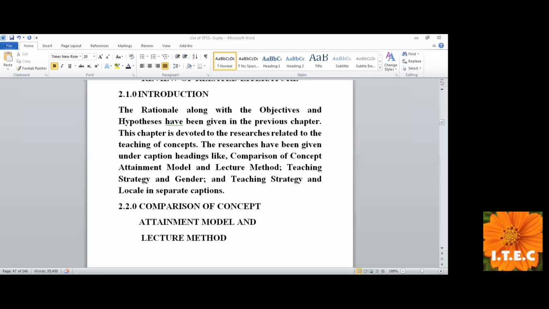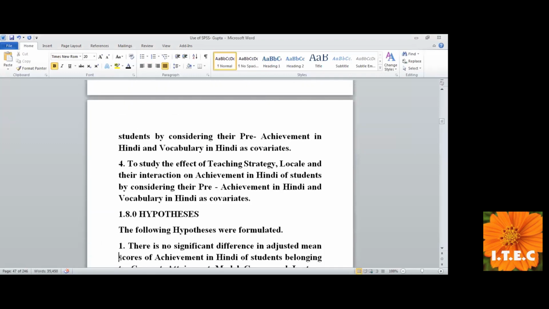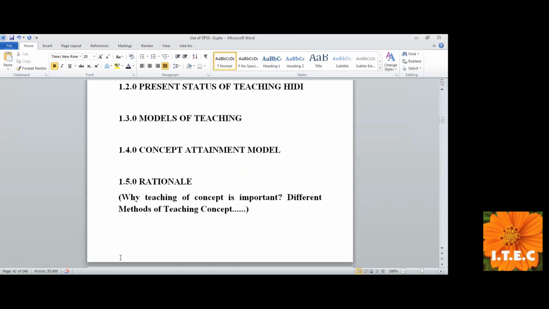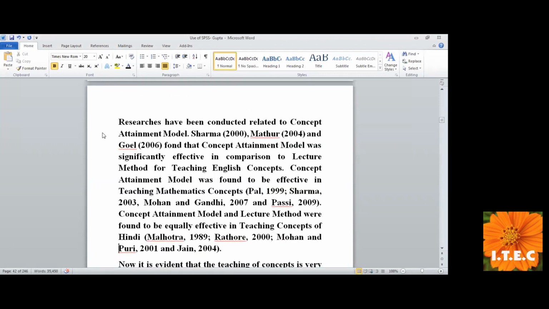Then you should say, now you might have found different researches from the review of the related literature. And whatever researches you have found, I have written something in chapter number 1 under rationale. Let us see, what did I write? I wrote something like this.